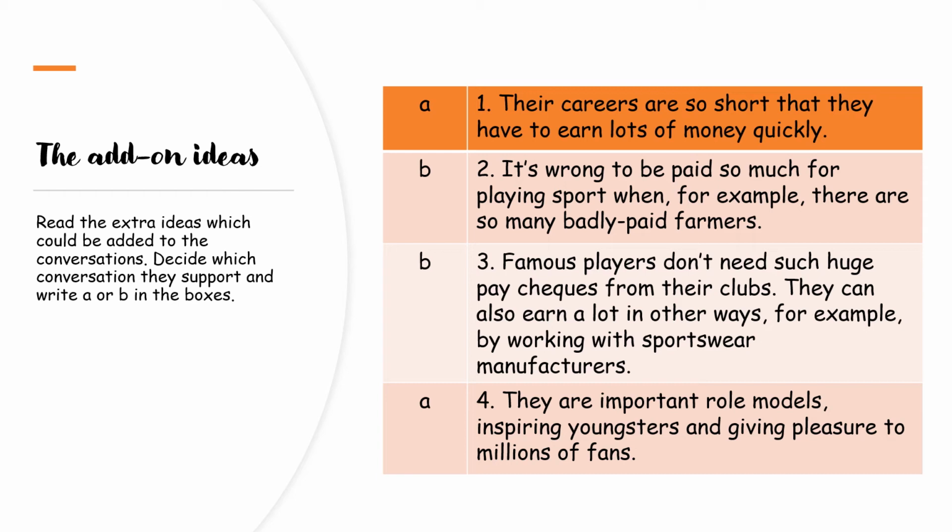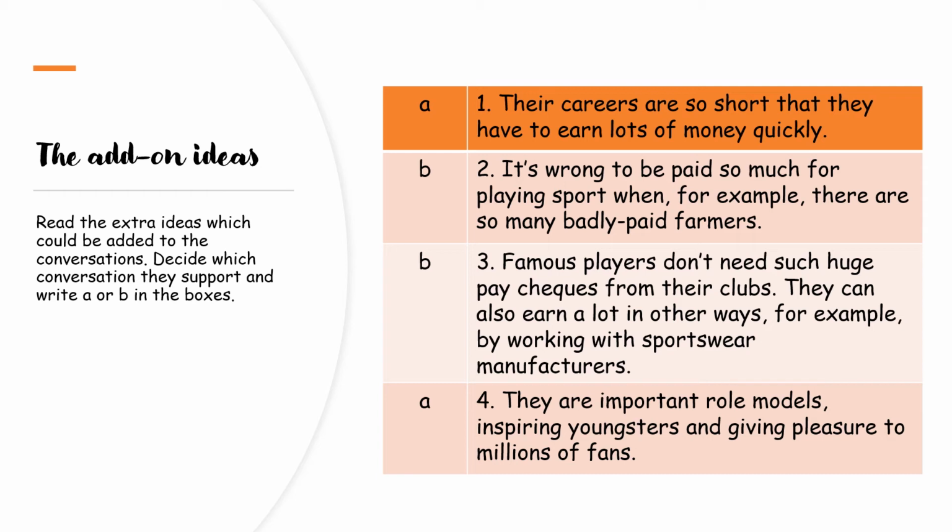Well, look at the ideas provided and the answers are actually already given there. Now look at the first one. Their careers are so short that they have to earn lots of money quickly. This idea supports conversation A.